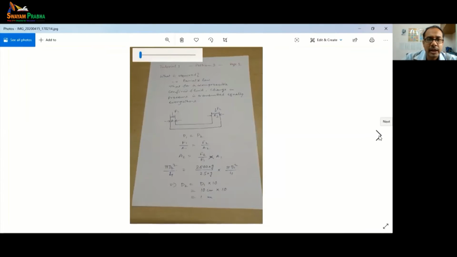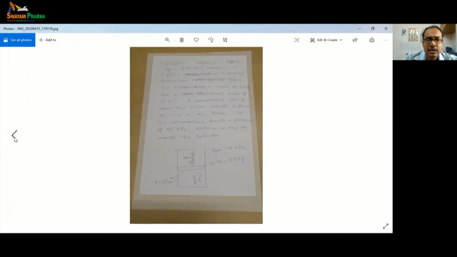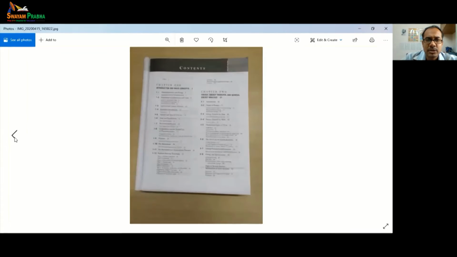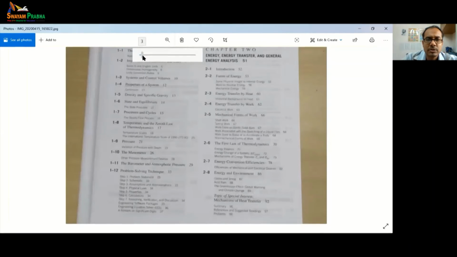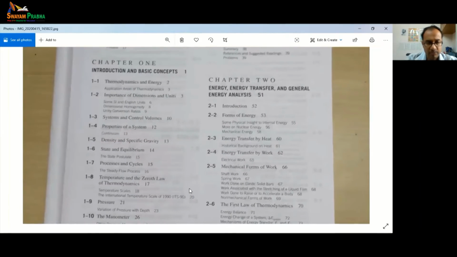Next, we'll take another problem which will be on the concept of energy. So this is from chapter number 2. If we can see this chapter constitution of the book by Cengel and Boles, we have looked at few problems from chapter 1.